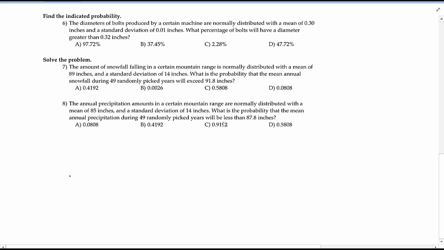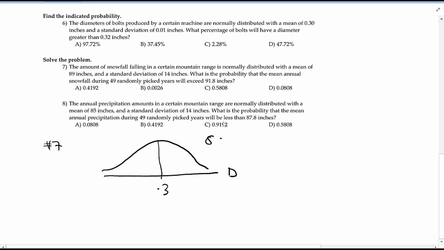So again, what we do, we're solving problem number 7. We know that the diameter of these things is normally distributed. The mean of this data is 0.3. The standard deviation of the data is 0.01.